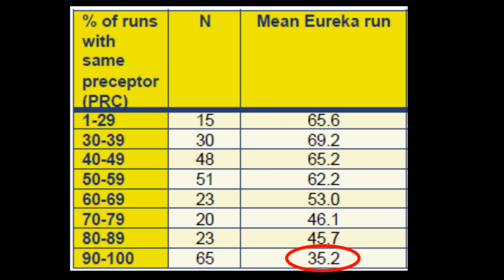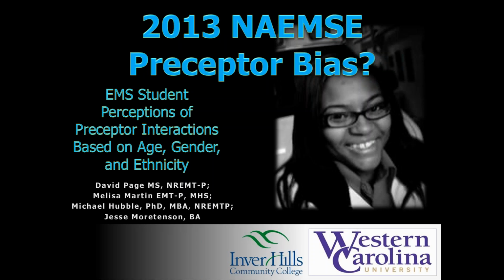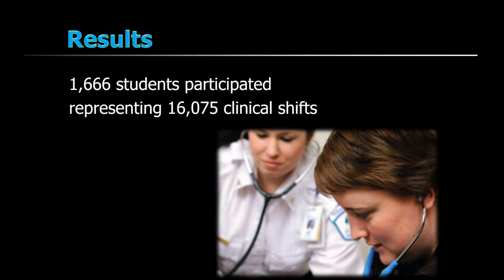But I will say one thing that we did look at as well, and that is that we looked at the preceptor evals and whether students of diverse ethnicity, all of us have ethnicity, but students of non-Caucasian ethnicity were reporting preceptor interactions that were not as favorable as Caucasian students.